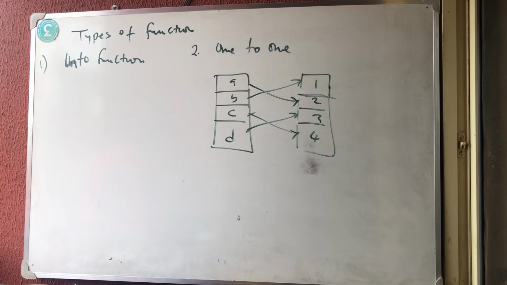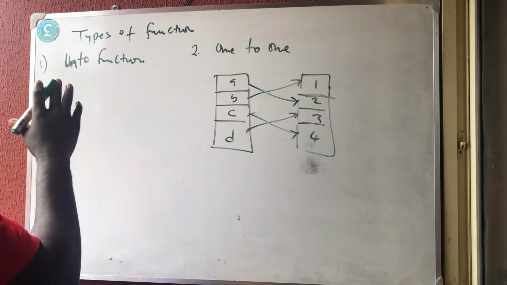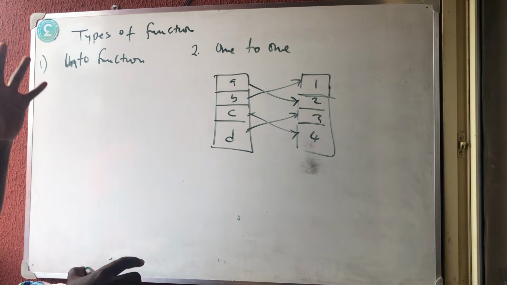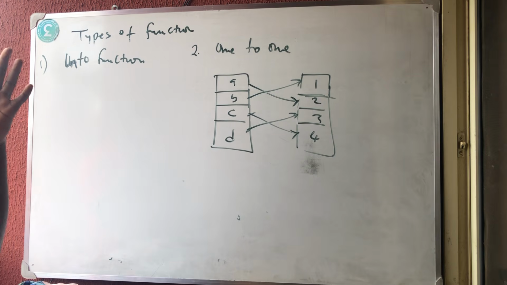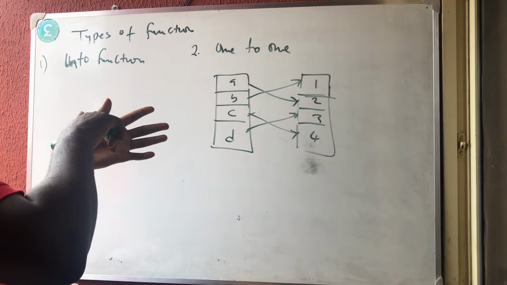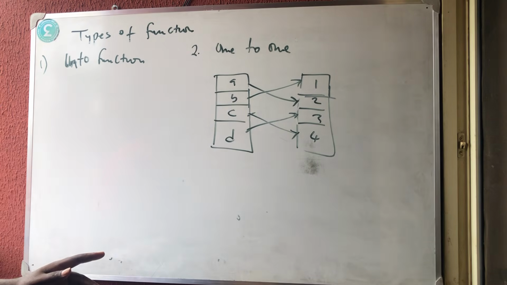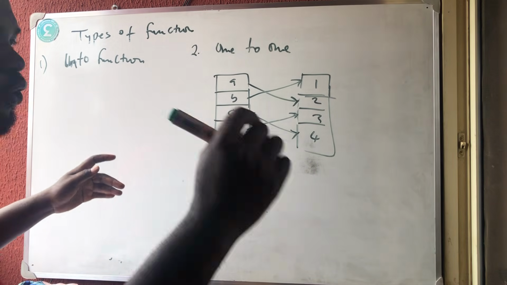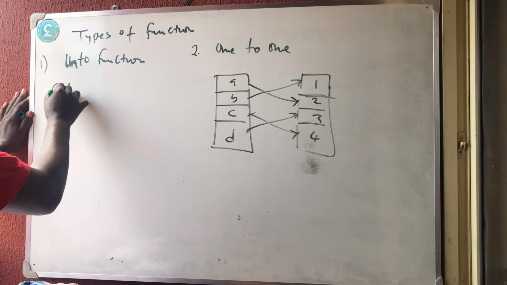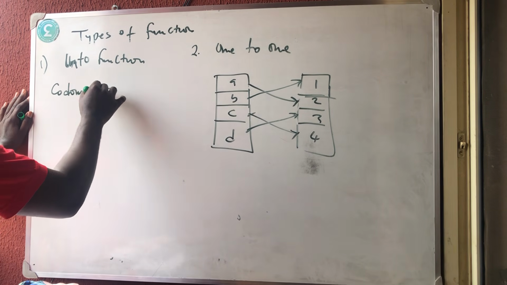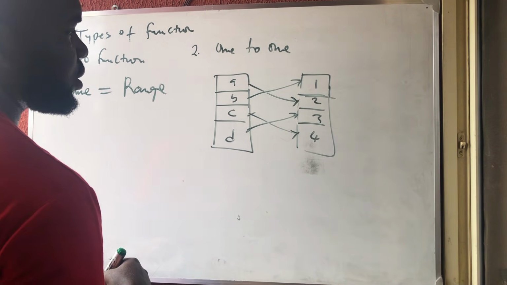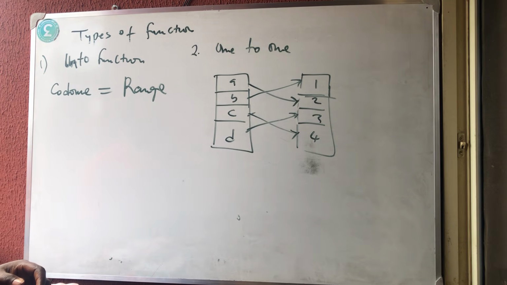Codomain means every possible thing you think it can produce. Now, if you think that this thing can produce 5 things, you listed, I think if I try this, I am going to get any of these 5 things. And after doing it, you still see that they produce the same 5 things. Then you call that function what? Onto function. Whenever the codomain is equal to the range, that is when you say the function is an onto function.